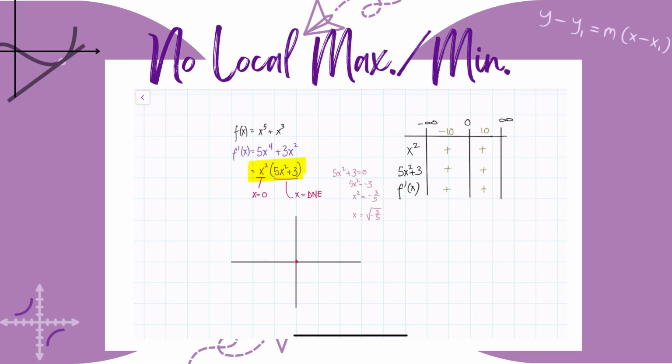That's positive, so it would go here, and then it would go here. So as you could see, there is no local max or min, because in order for it to be a local max, it needs to look like this, and in order for it to be a local min, it needs to look like that.